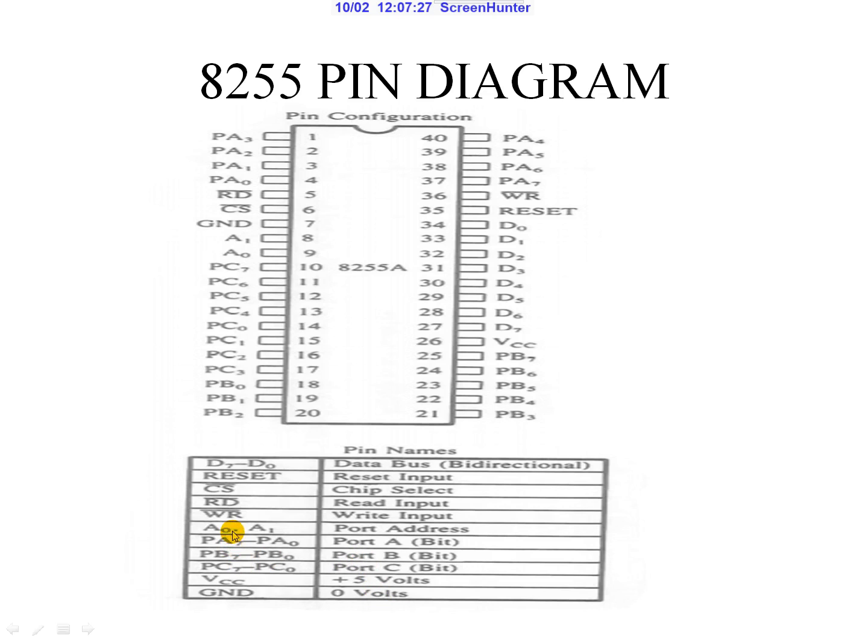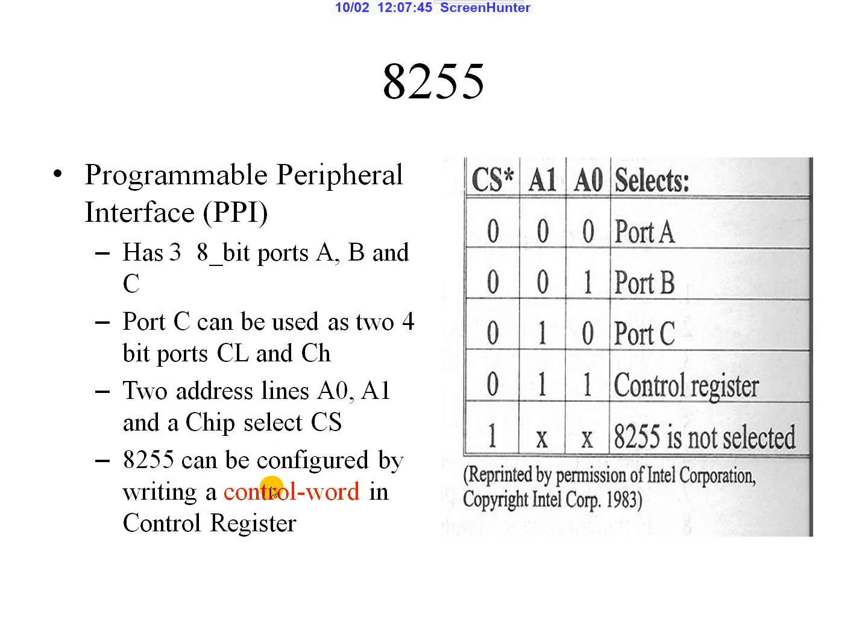VCC is plus 5 volts, and ground is also used. A reset pin also exists in this IC, and chip select is an active low signal. Read and write signals are also active low signals.